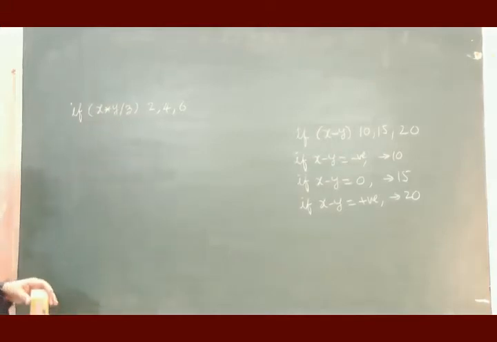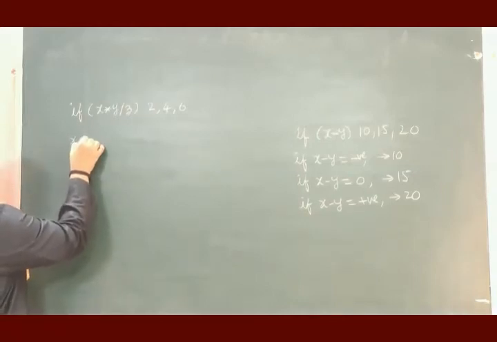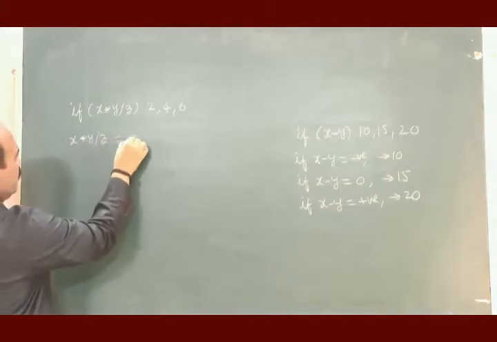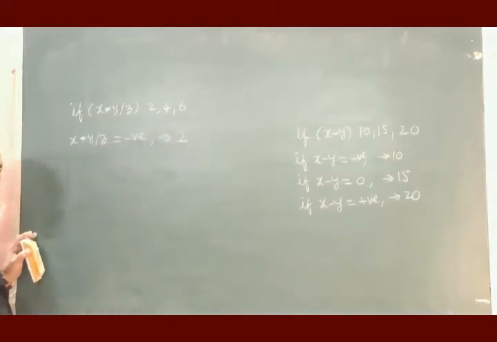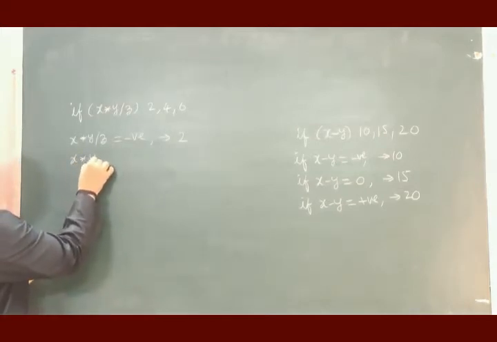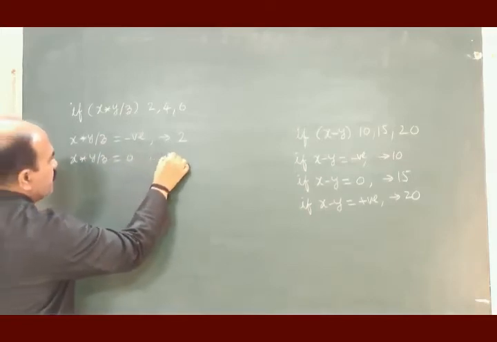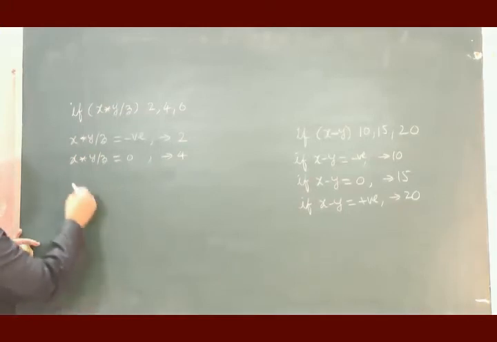If the valuation of this expression, x into y divided by z, is negative, control goes to statement number 2. If x into y divided by z is 0, control goes to statement number 4.